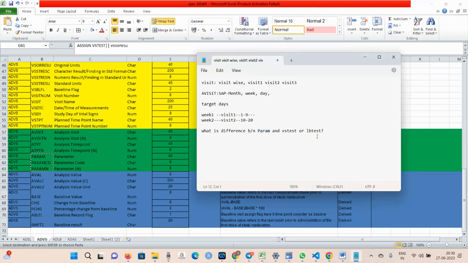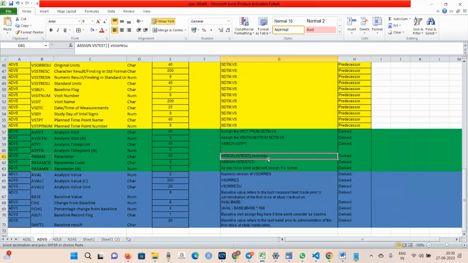If you have BDS structures, the PARAM will be VSTEST concatenated with the units, original units or standard units. So this is the concatenation we have to do. That's the difference: the VSTEST has no units, but the PARAM will have units. Here they said original units.